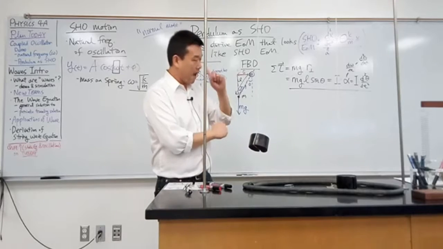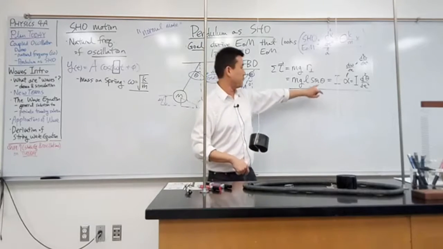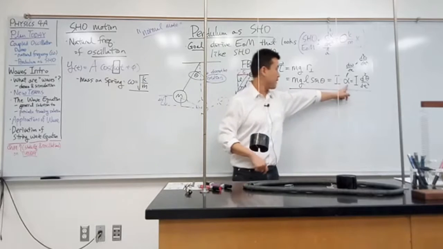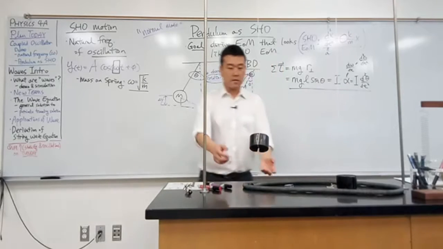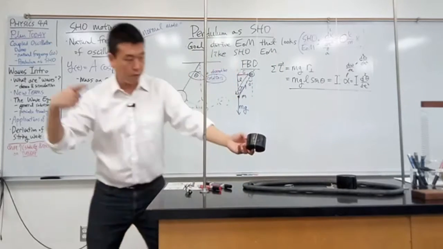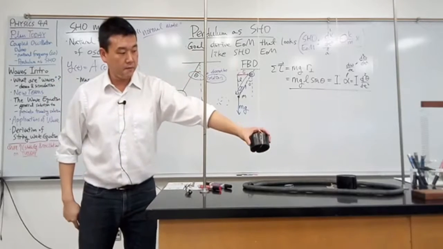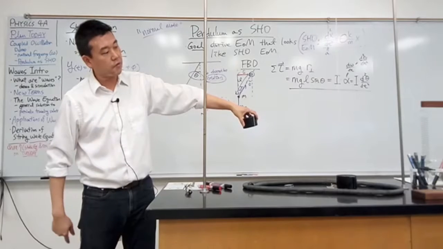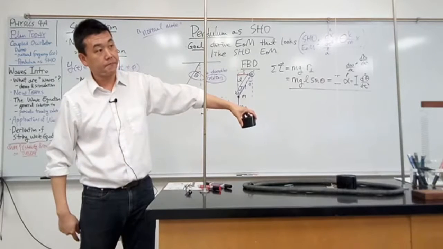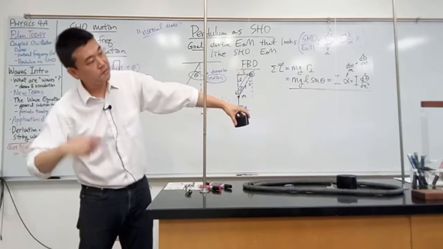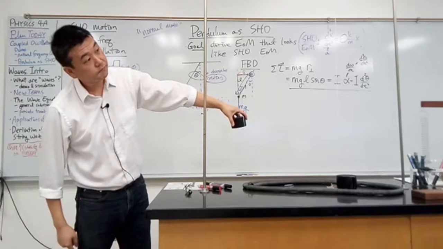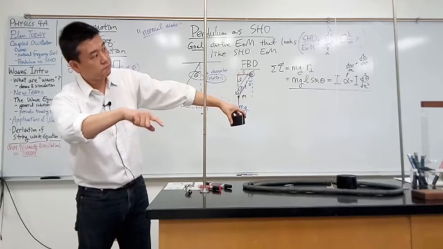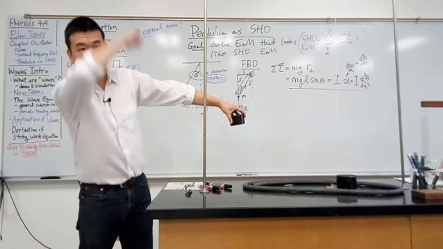I wasn't careful with the relative direction of theta and alpha. Imagine you are looking at this system from over here. When I move this this way, my theta, is that in a clockwise or counterclockwise direction? Imagine you are looking from here. Clockwise, right?